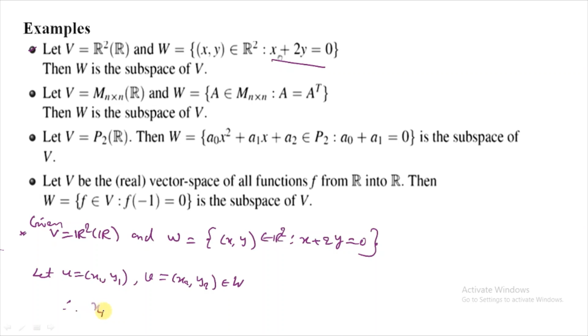That means x1 plus 2y1 equals 0, and x2 plus 2y2 equals 0. Now you have to check that it satisfies vector addition and scalar multiplication.